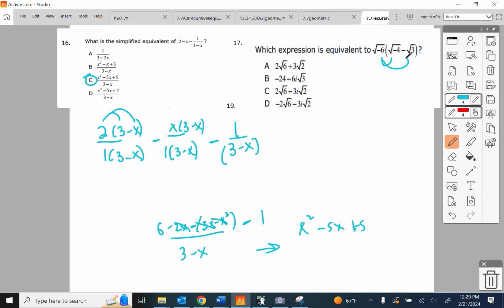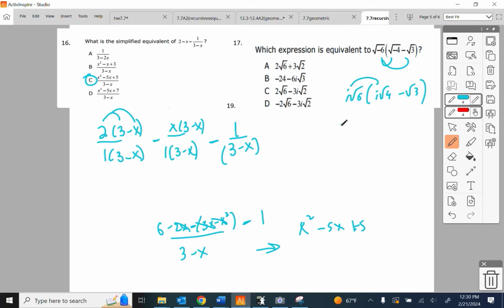Interesting idea. I do. This is the imaginary root of 6 times the imaginary root of 4 minus a real root of 3. I think it'll make a bit of a difference, you know. It's one of these things, the ACT likes questions like this too. They want you to realize it's imaginary.